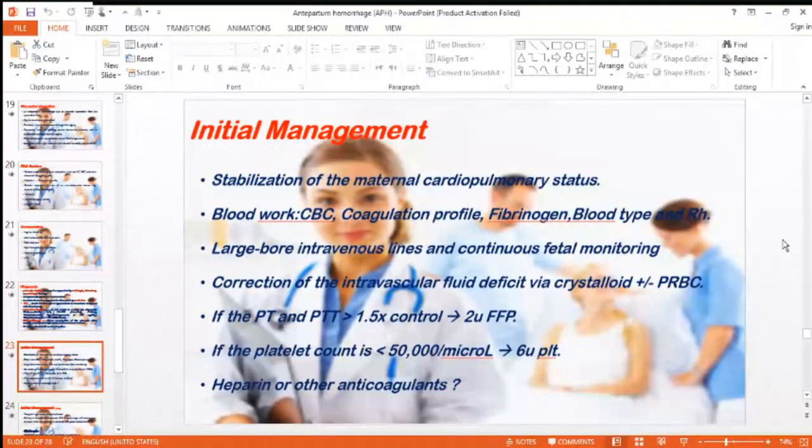We can send the patient for complete blood count, coagulation profile, and especially fibrinogen.